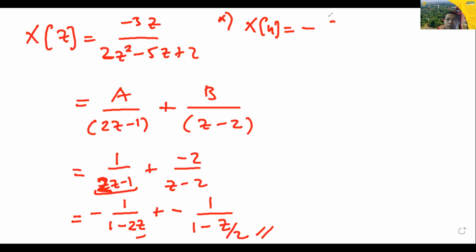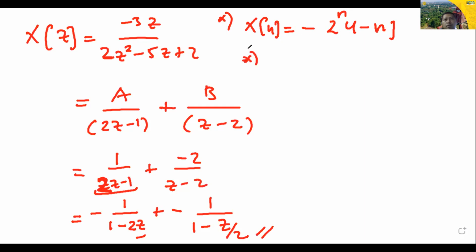This should be 2, and this should be u[-n], 2 to the power n, something like that.